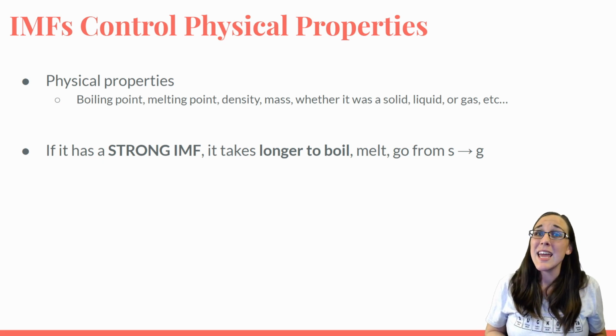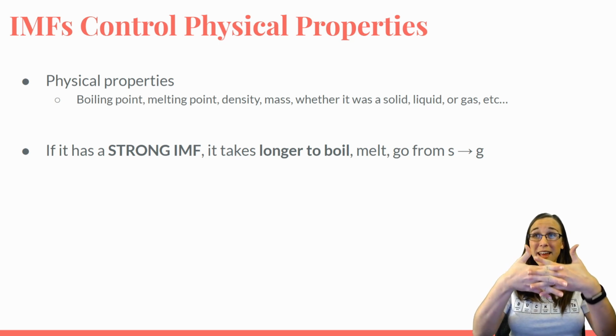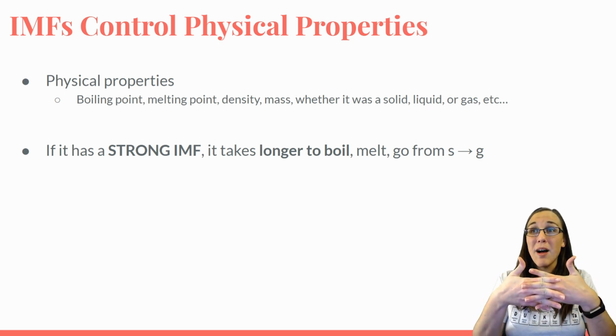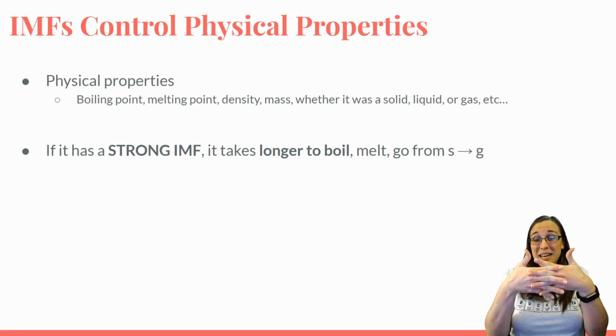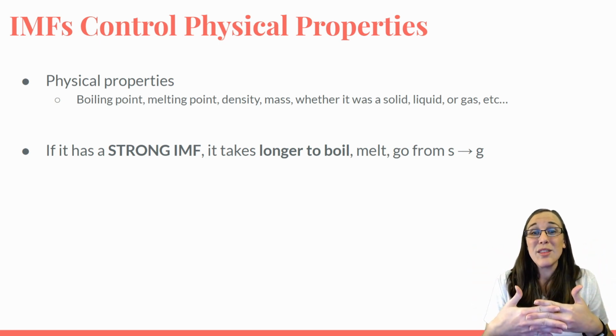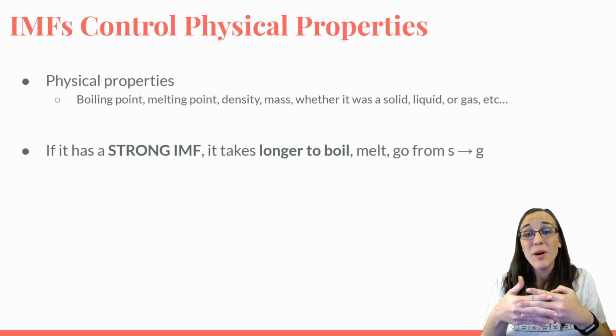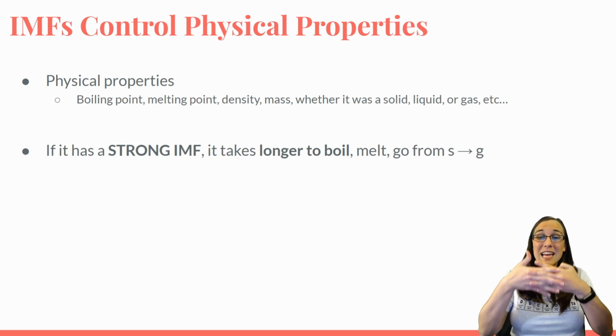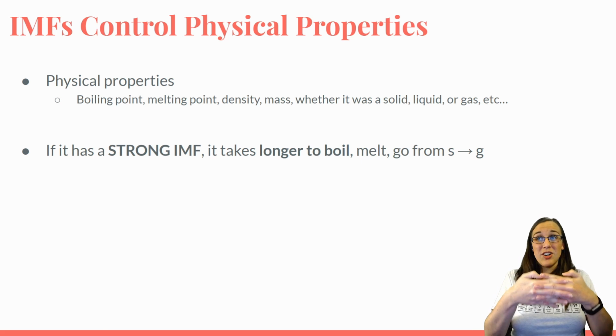In other words, it would take a lot of energy added to break this intermolecular force between the two molecules. Energy meaning you could either rip my hands apart, or energy most likely in the form of heat or electricity for chemicals. It would take a lot of energy to separate them from each other.